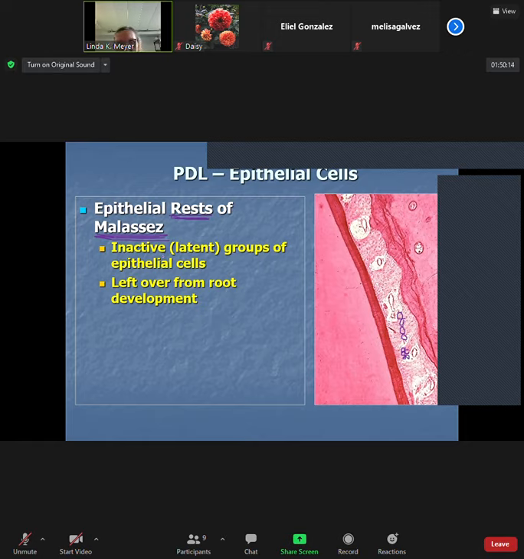And in most of us, it is of no clinical significance. But in some individuals, these cells can be stimulated to proliferate, and they can turn into cysts, different cysts or tumors.